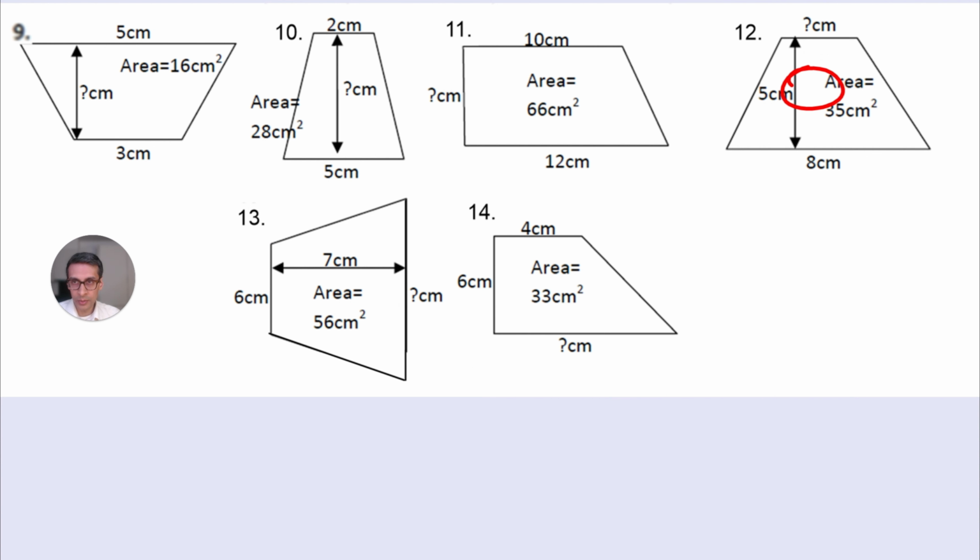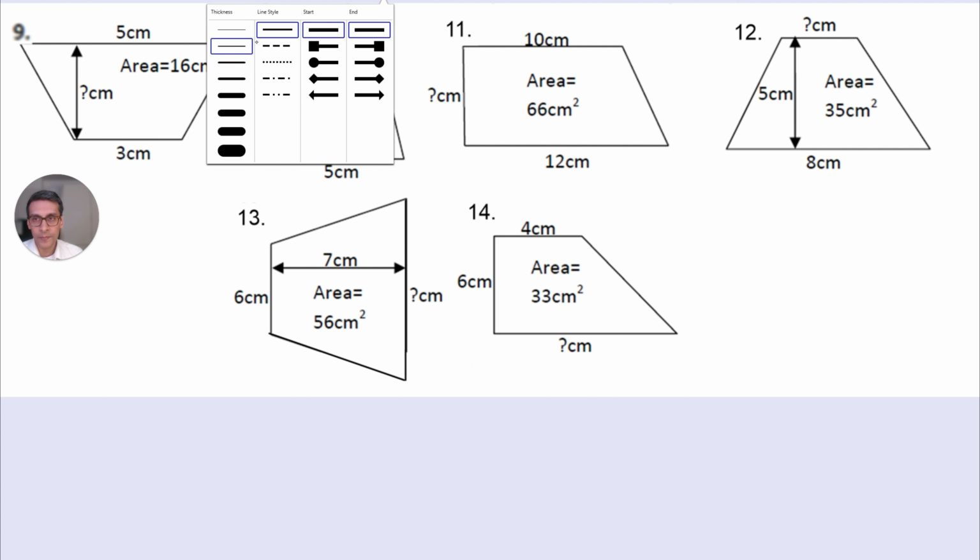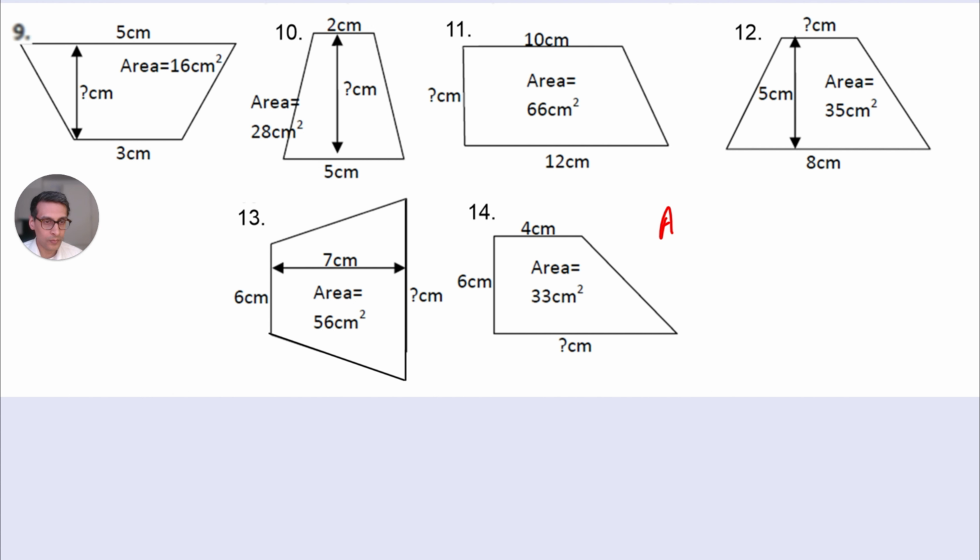So keep watching the example, or you can skip the example and check the answers if you've already finished the question. So I'm going to do an example of question 9 on the screen, which is the first question there. So for question 9, we can say area is equal to half a plus b times h, sorry.